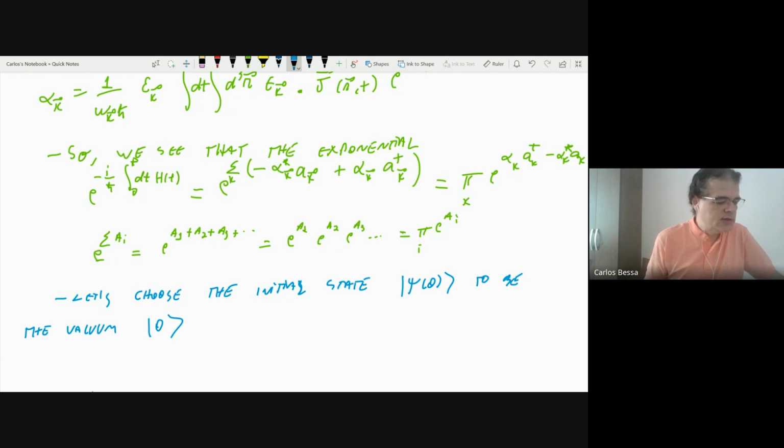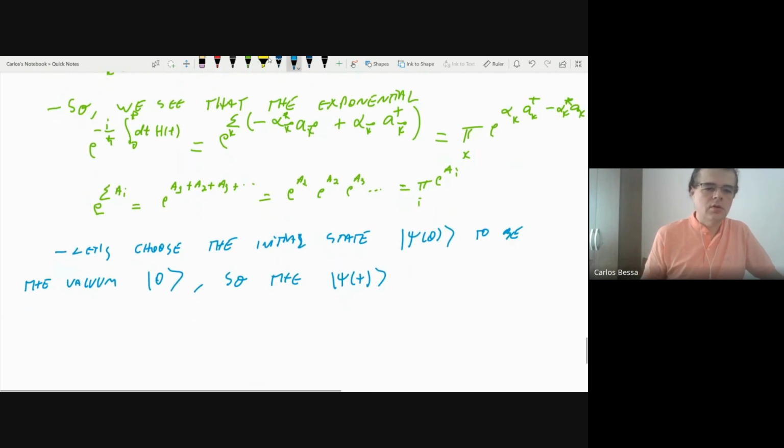So the solution of the Schrödinger equation, the psi of t, will be just psi of t.